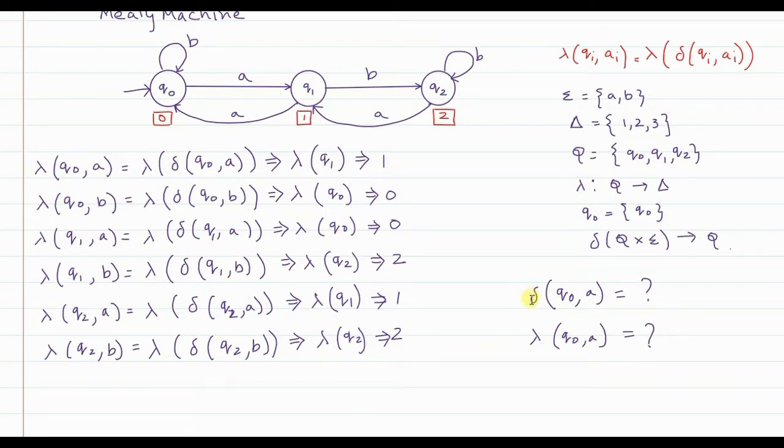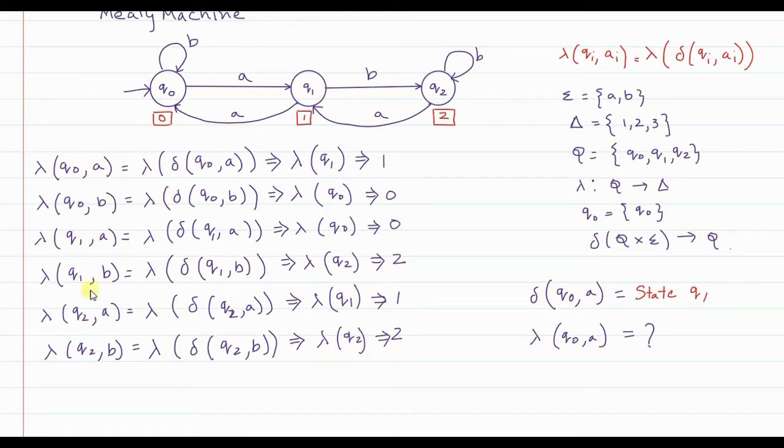Q0 on reading A, this delta function gives you the state in which the automata will reach. Whenever you have a transition function delta, it denotes the state where you are going to reach at the end of the transition. So the answer of this is nothing but the next state. In my case here it is state Q1.